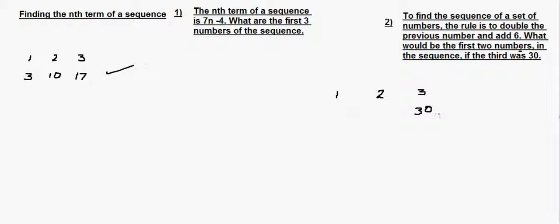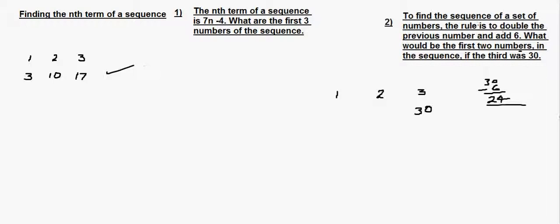So all we do is reverse everything that they've told us the rule consists of. So instead of adding 6, we need to subtract 6. So 30 minus 6 is going to be 24, because 24 plus 6 does give me 30.